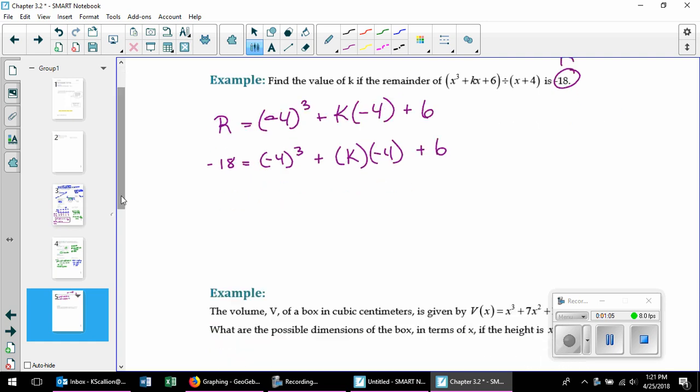So you're finding that coefficient of k. So -4 cubed is going to be -64.